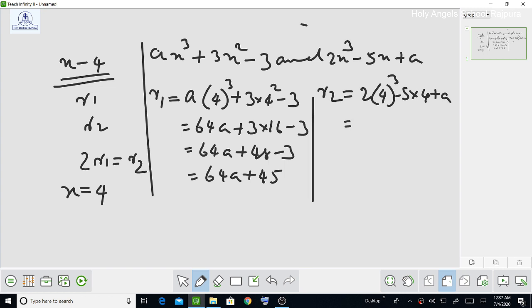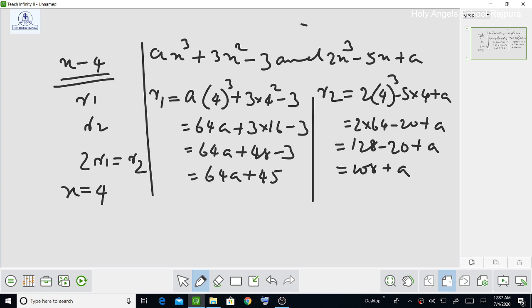This is equal to 2 into 64 minus 20 plus a. This is 128 minus 20 plus a. 128 minus 20 is 108 plus a. So R2 is 108 plus a.